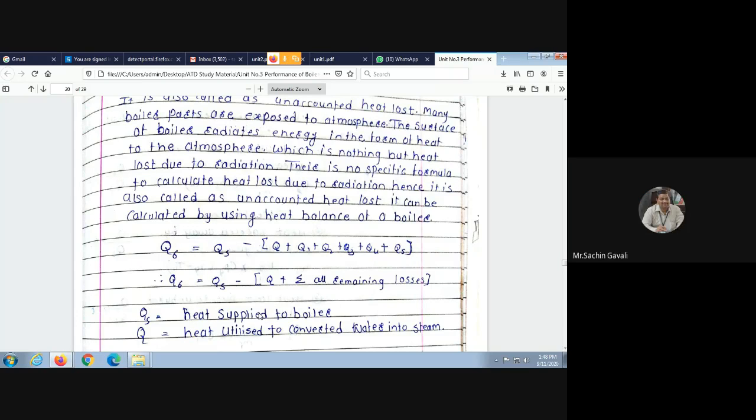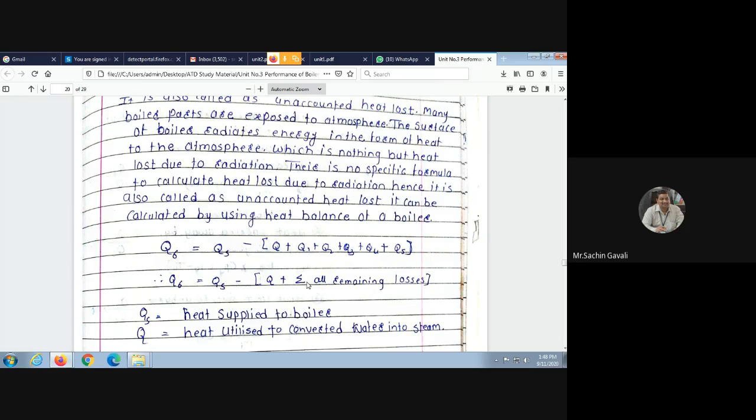Okay. And how to calculate it? By heat balance. Q6 is equal to Qs minus (Q plus summation of all remaining losses). Good. Where Qs is the heat supplied to the boiler and Q is the heat utilized to convert water into steam. That is our main aim. And plus the summation of all remaining losses.